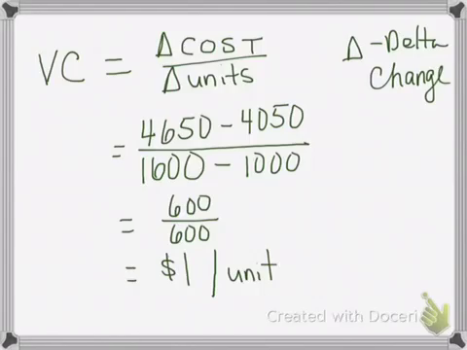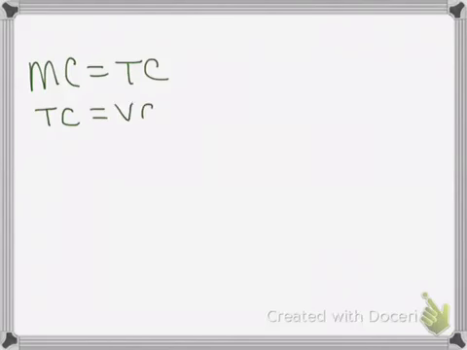Now the other thing that we know is we have our mixed cost. Our mixed cost also can be called total cost. So when we look at our total cost, that is going to be our variable cost plus our fixed cost. Well, we know in this equation what our total cost is, and we know what our variable cost is per unit.